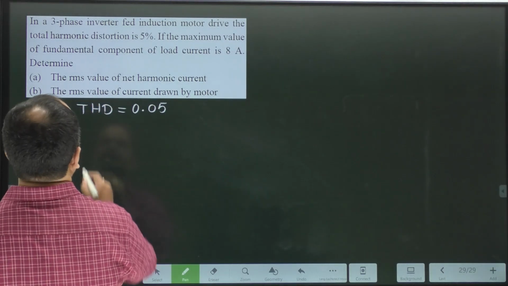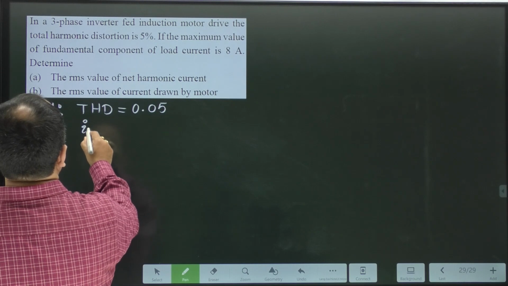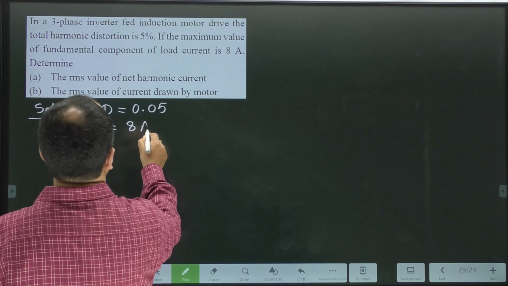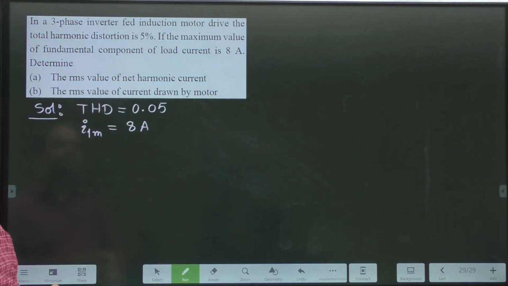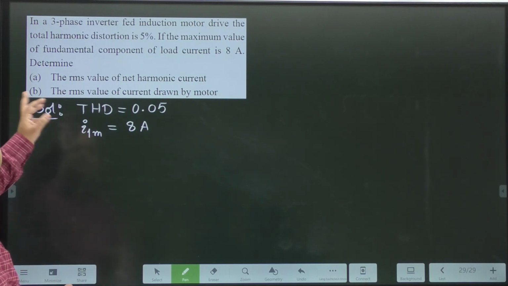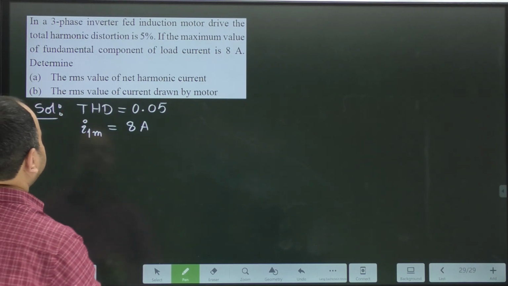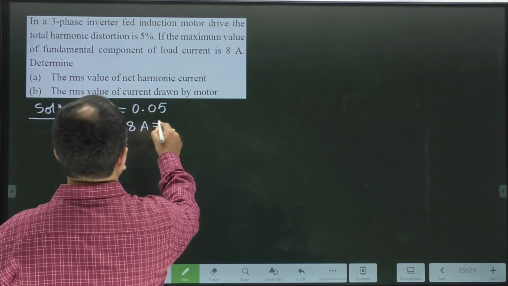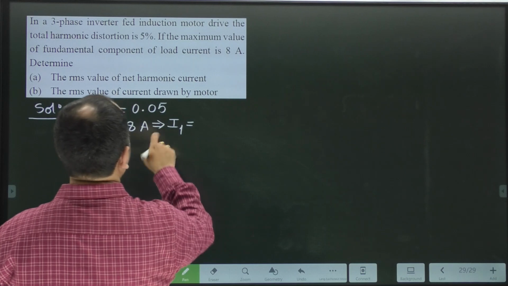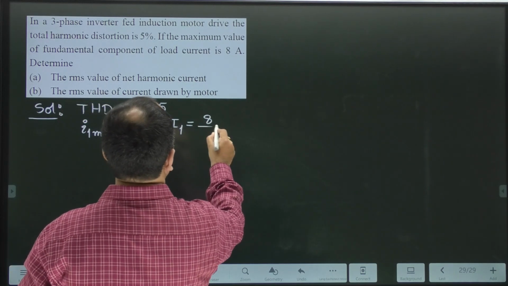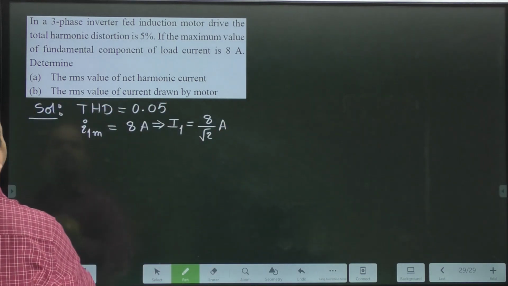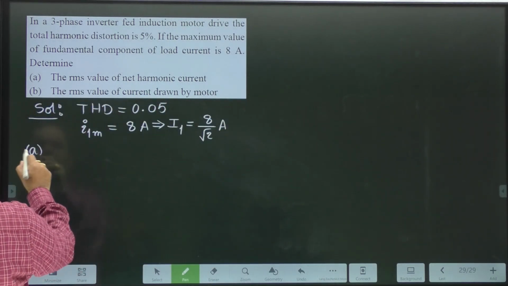And the maximum value of the fundamental component is given as 8 ampere. Now the question is, what is the RMS value of net harmonic current? From this, what is the RMS value of the fundamental component? 8 divided by root 2 ampere.